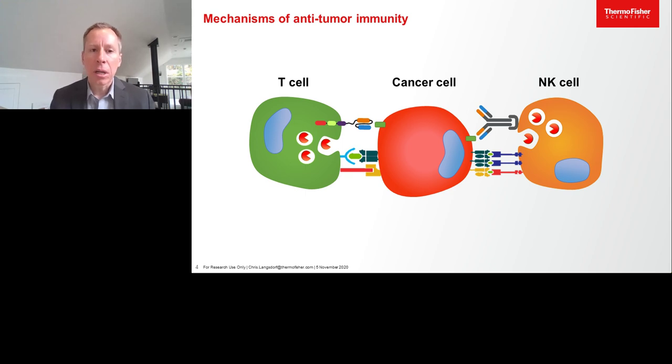And start out by looking at how these two types of lymphocytes are able to function either in their natural setting to target cancer cells, as we see down below, through MHC complexes and recognition of presented peptides, or up above, where we can reprogram these cells either with chimeric antigen receptor T cells or using therapeutic antibodies against cancer cells to encourage natural killer cells to specifically target and lyse cancer cells.